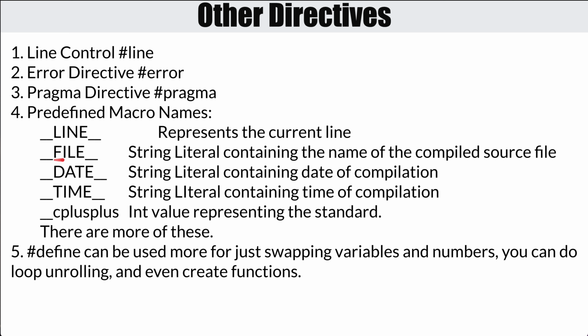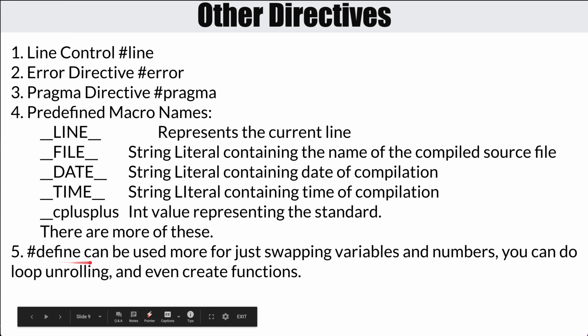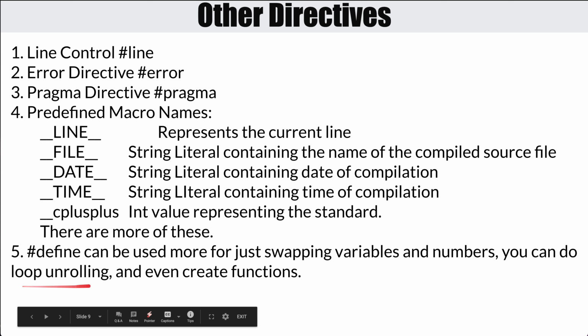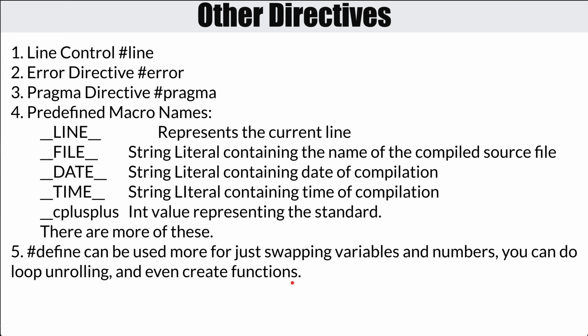And if you do that with a file, you can see the name of the file in your program. You can get the date and the time really easily. And then you can even get the C++ standard that it was compiled in. And there are more of these, okay? And then lastly, your define can be used, and I think I already said this, for more than just swapping variables and numbers. You can use it for loop unrolling and even to create functions in the macros, okay?